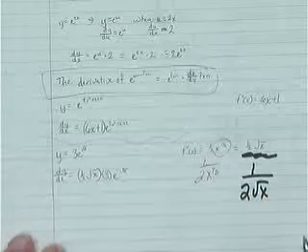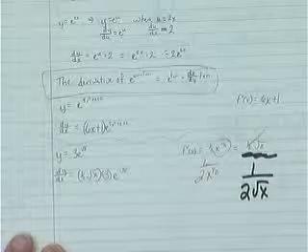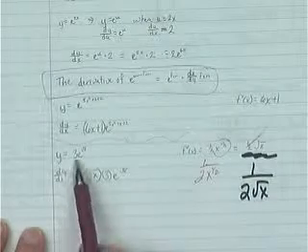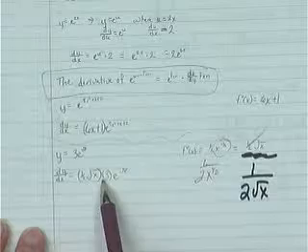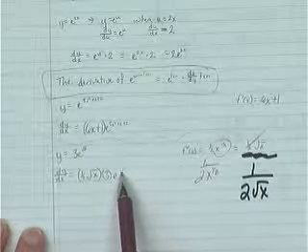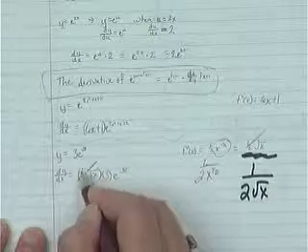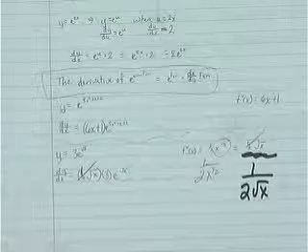So the derivative of 3e to the square root of x is 3e to the square root of x times the derivative of that square root of x, which is 1 over 2 square roots of x. How is it, everybody? Good?